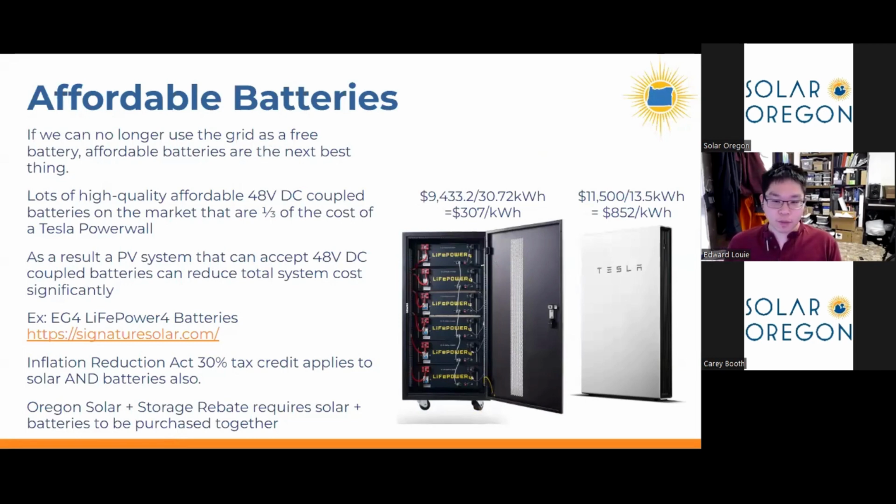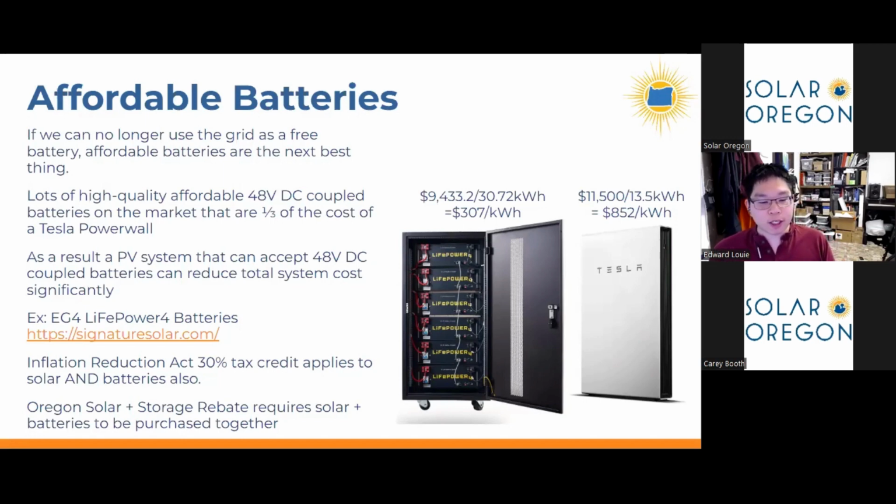And these newcomers to the playing field are able to deliver batteries that are just as reliable and long-lasting as some of the big name players like Tesla Powerwall at a third of the cost. And so that's really cool. And the other thing that's really cool is that the Inflation Reduction Act will soon be available to everybody.